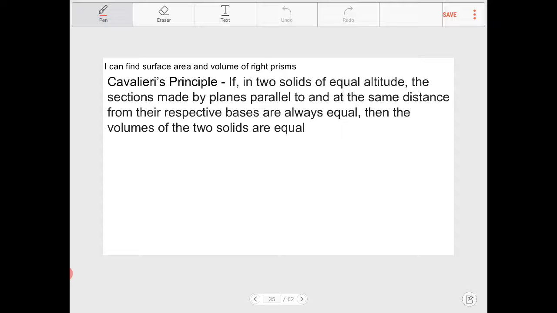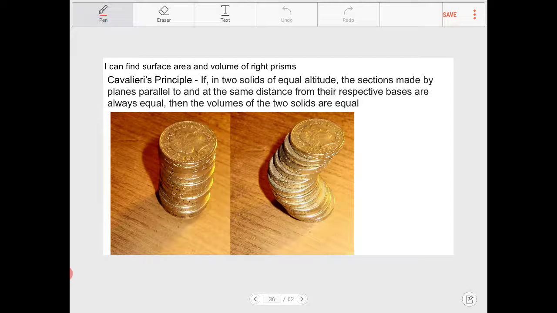What does that mean? Well, to put it frankly, and this is the best demonstration I can think of, suppose I have a stack of pennies, right? And I turn the stack of pennies into an oblique kind of structure. Can you recognize that both stacks of pennies will in fact be the same height?